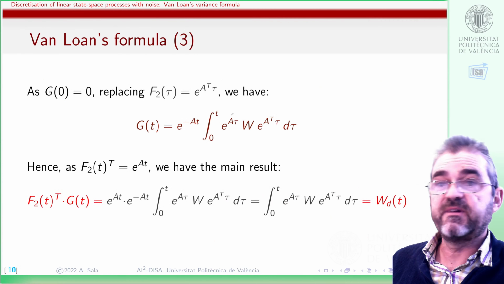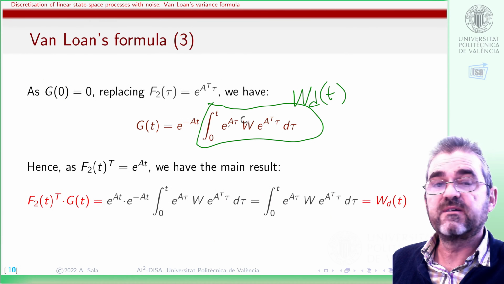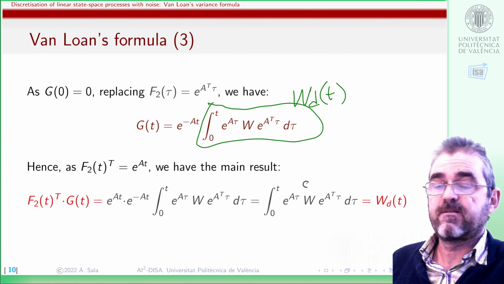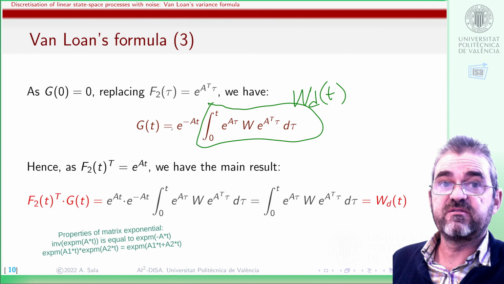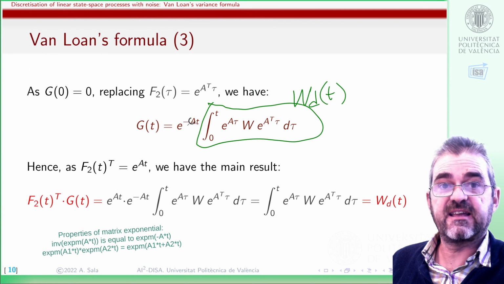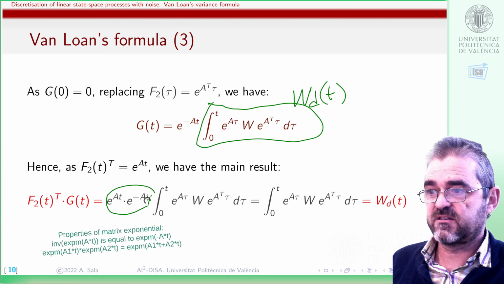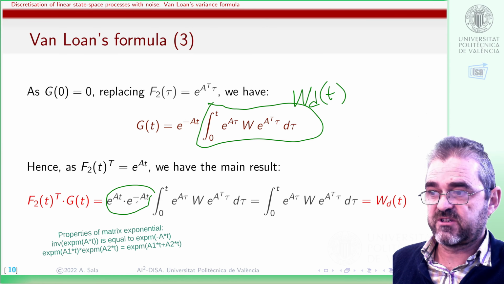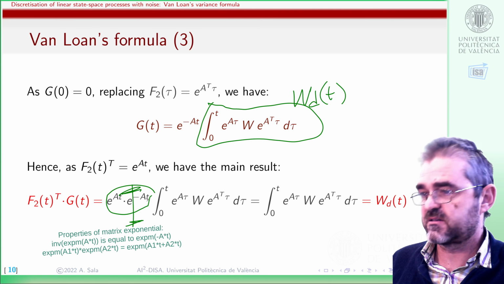Now, Van Loan realized that, bingo, this is what we wish to compute. Here we have it. So the only remaining step is multiplying by the exponential of plus a t, so that this cancels out. Indeed, if I multiply that negative a exponential by the positive a exponential, then the product of exponentials is the exponential of the sum of a and minus a, so this is the exponential of 0, which is just the identity matrix.